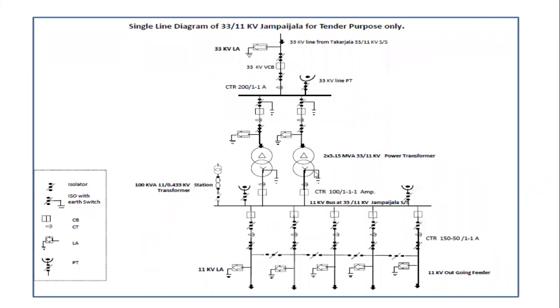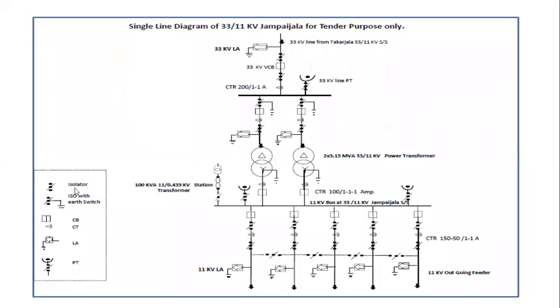These are the various power transformers, circuit breakers, relays and switches, and this is given to the 11 kilovolt bus bar. And these are the various outgoing lines. The output of the outgoing lines is 11 kilovolts, and the input is 33 kilovolts.